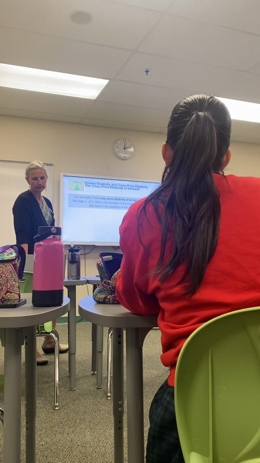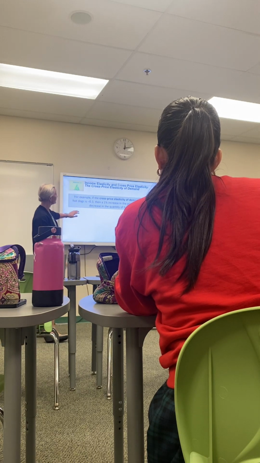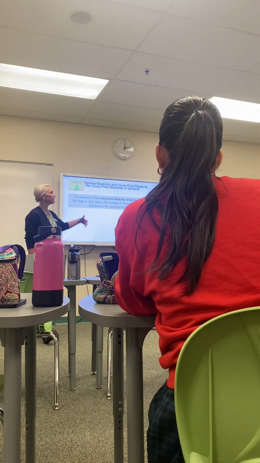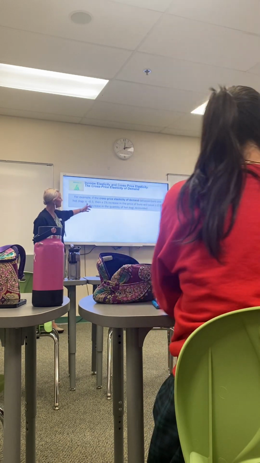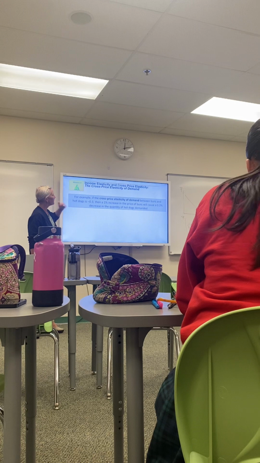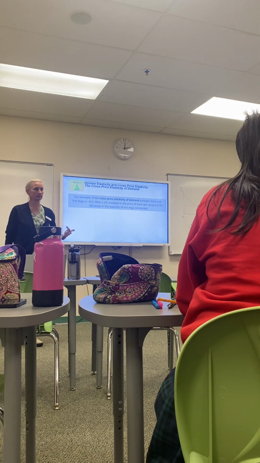All right. Okay, so let's take the example of cross price elasticity of demand between buns and hot dogs. So hot dog buns and hot dogs. The fact that this comes out to be a negative number means that they are complements.